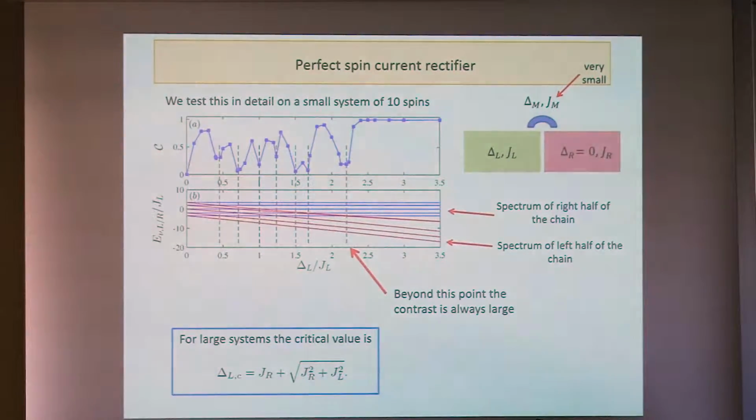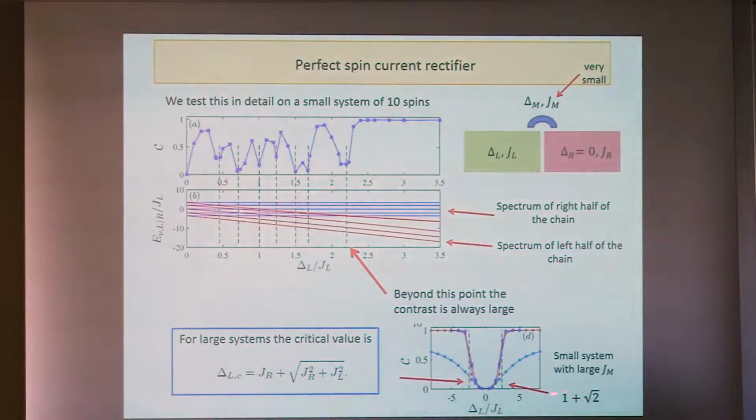And we can compute for a thermodynamic system exactly where this value is, and we find this expression, JR plus square root of JR squared plus JL squared, which corresponds in our system to 1 plus square root of 2, which is where we are having this big change in the rectification in our system. And note this was a small system, only 10 spins, and the interface coupling was quite large, so that's why it's quite round. If we reduce this and we make the system large, that would be very sharp.